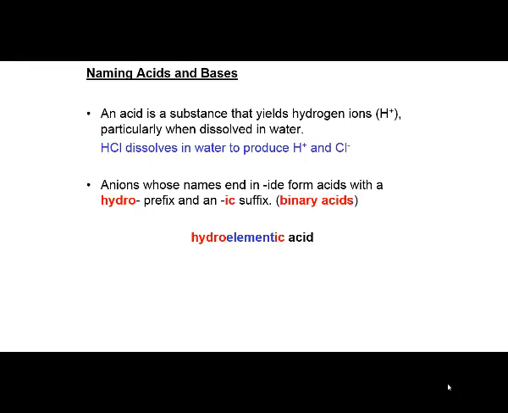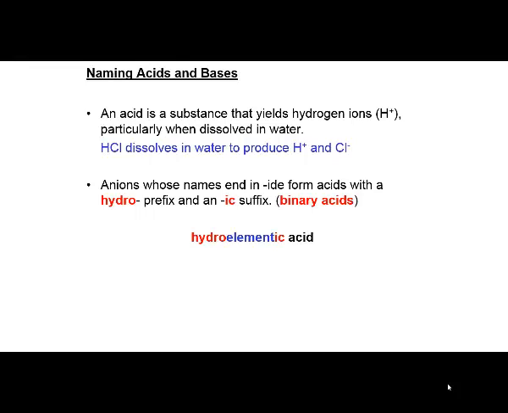I'm going to start with the element that is the basis for the monoatomic anion that I have added a hydrogen ion to the front of, added a proton to the front of. I will add the prefix hydro, and the element name I will change to have an -ic ending, just like we saw with hydrochloric acid.